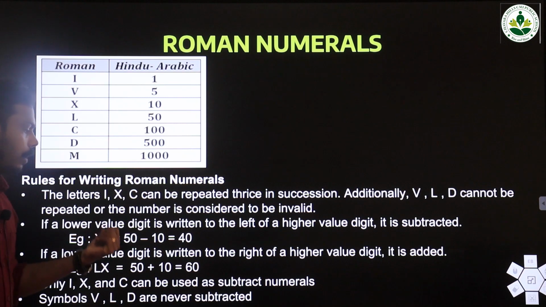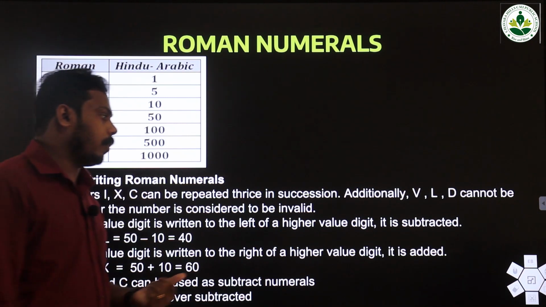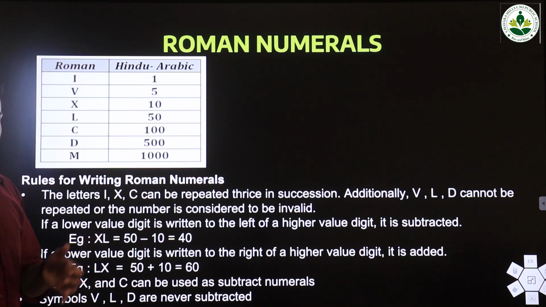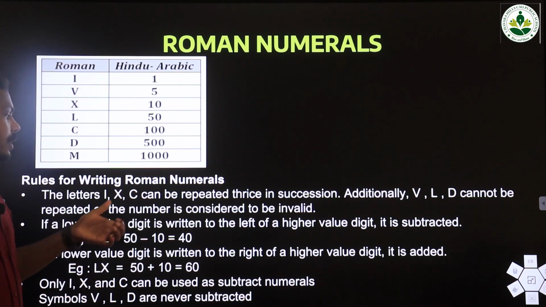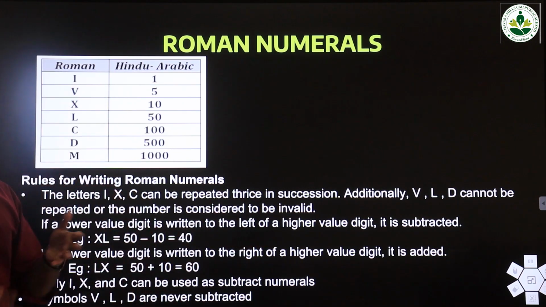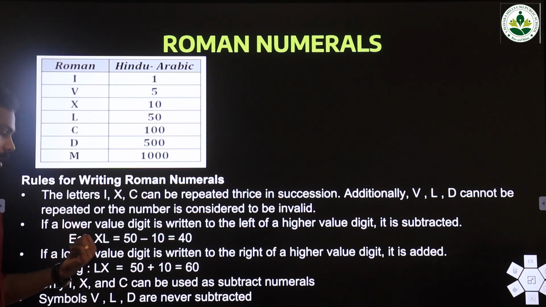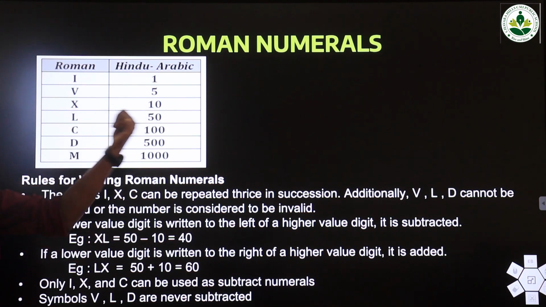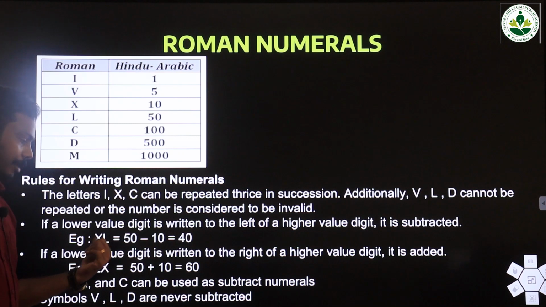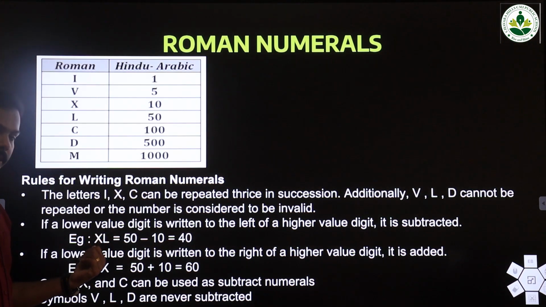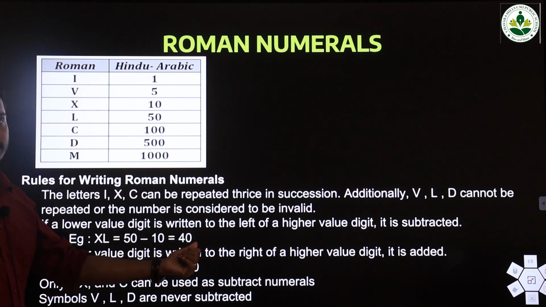The second rule: if a lower value digit is written to the left of a higher value digit, it means subtraction. For example, XL. X is smaller, L is bigger. X means 10, L means 50. That means the number is 50 minus 10, so the number is 40.